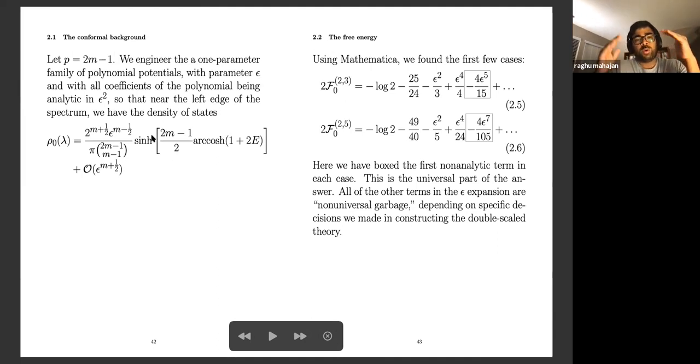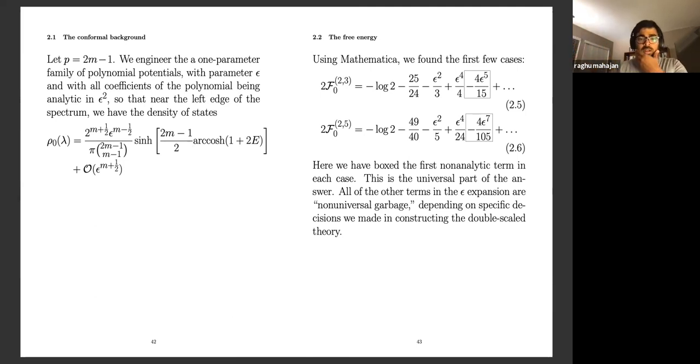And you have to adjust the coefficients of the potential so that its density of states near the cut endpoint looks like this. This is the sinh of arccosh formula that I showed earlier. P is 2m minus 1. So this is the definition of the model. Engineer a one-parameter family of potentials.